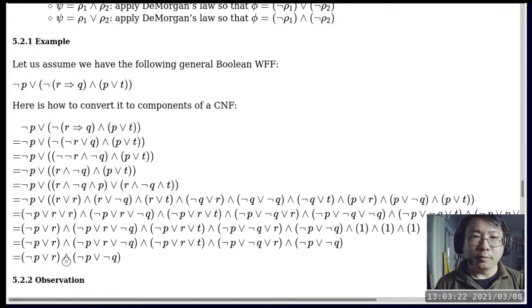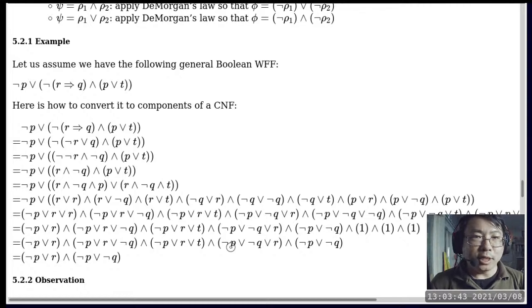So now we end up with this expression here. Now we have to see how this one simplifies to this one over here. How do we get rid of not P or R or not Q? Or how do we get rid of not P or R or T, and so on?